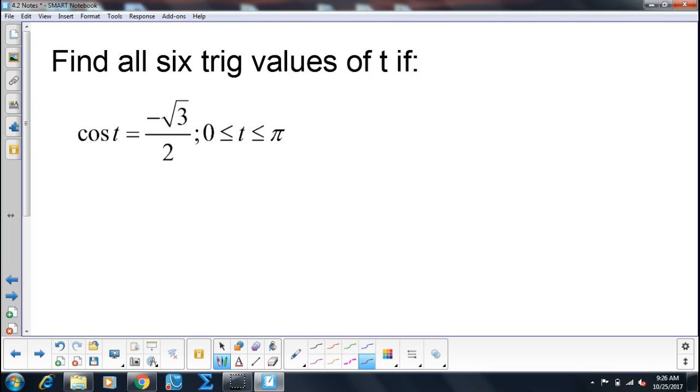Now, negative square root of 3 over 2, that should set off a little warning bell in your brain and say, this one is, or t is where? On the unit circle. It's on the unit circle because it's the square root of 3 over 2.